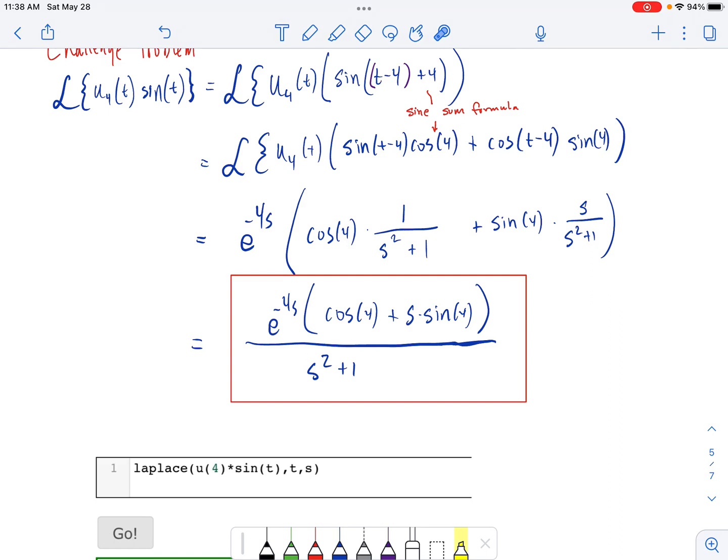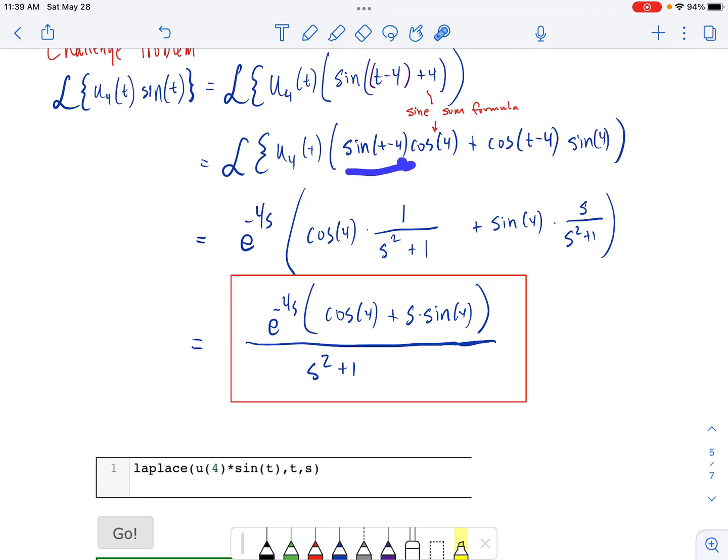So let's pull that constant out, the cosine of 4 from here. And then when we take the Laplace, we can see that, well, the u sub 4 of t will be e to the negative 4s times a constant cosine of 4 times whatever the Laplace of sine of t is.